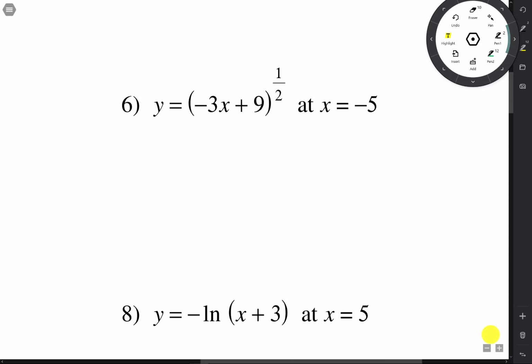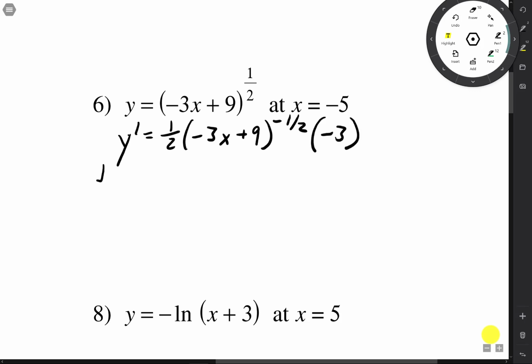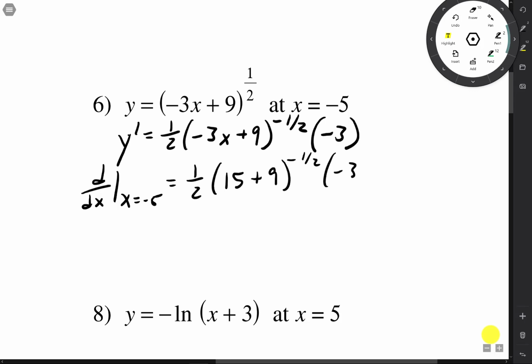So let's see. We have y prime is 1/2 times negative 3x plus 9. Subtract 1 from the power, so negative 1/2. Chain rule, times the derivative of the inside. And so the derivative when x is negative 5 is 1/2 times 15 plus 9 to the negative 1/2 times negative 3.